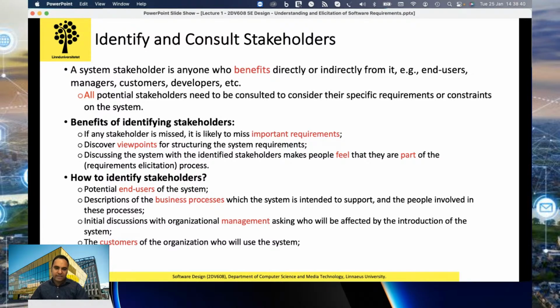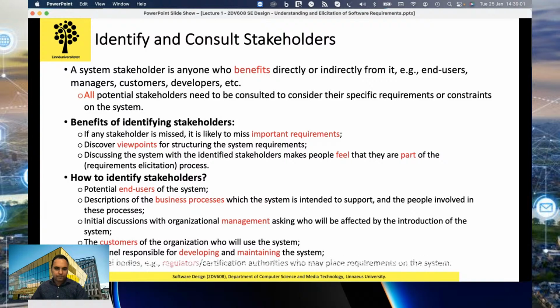And then as end users, we are buying those products. So those customers might have their requirements as part of Amazon, and we should also consider them. So end users and customers are not the same concept here. And people, of course, who are developing and maintaining the system. And other regulatory bodies or certification authorities.